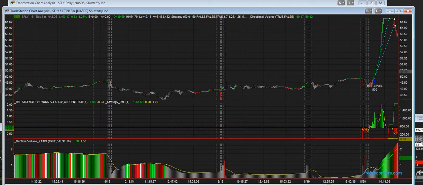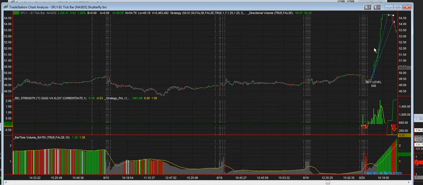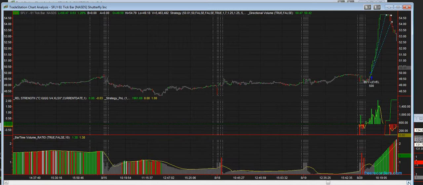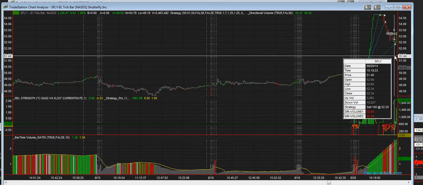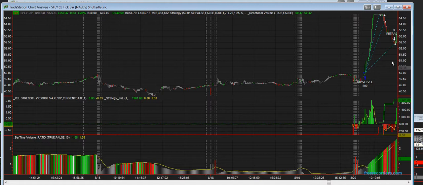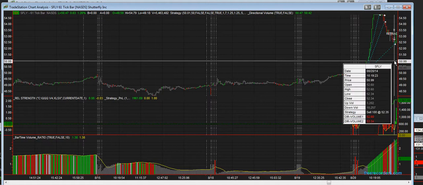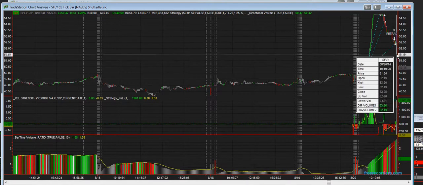Got out of a good portion, and then it still had half of that. So now it got out down here at 52.35, the rest of it, on a retrace.